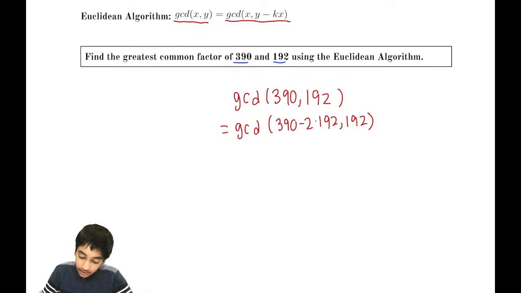Because by the Euclidean algorithm, the GCD of 2 numbers is the same as the GCD of the last number and the GCD of 390 minus 2 times 192. That's what the Euclidean algorithm states.